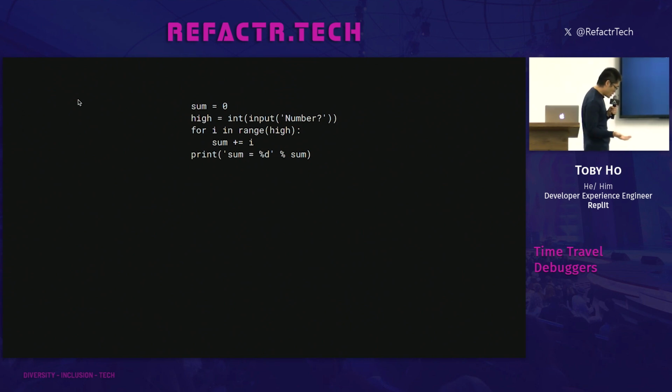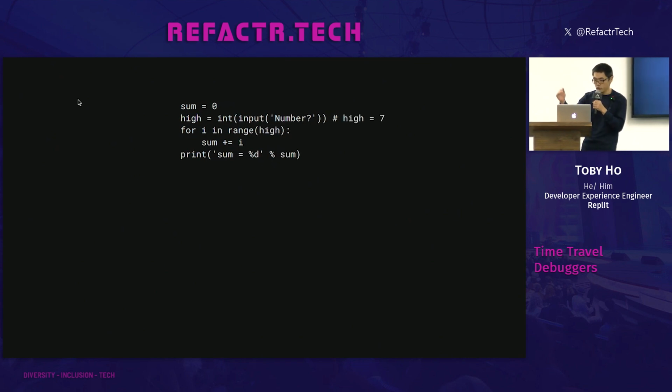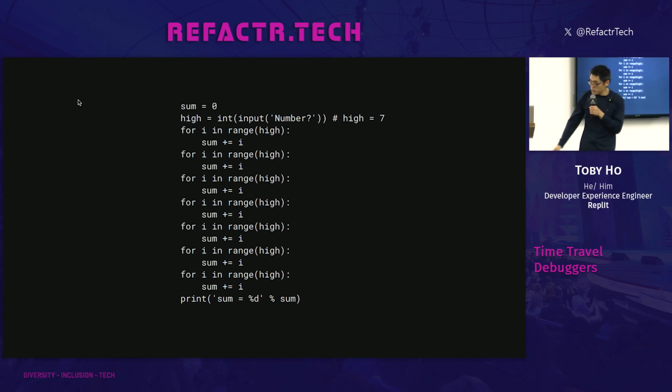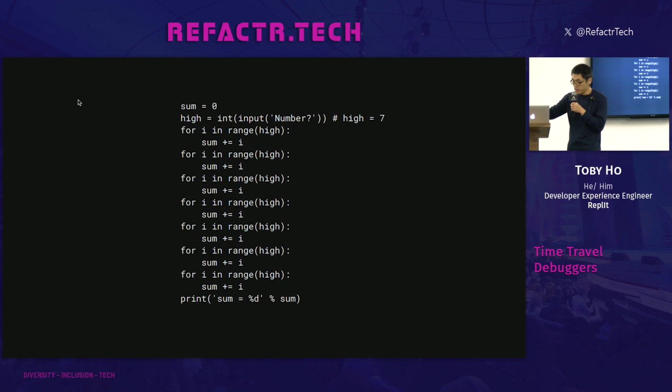So now that you have this record replay system, how are you going to get a time traveling debugger out of it? Well, let's say we run this program, and when we run it in record mode, the user typed in 7. We're going to take that 7 and save it off in a file. We're now going to run it in replay mode. So when it comes across this input, we're just going to supply the pre-recorded response as 7.